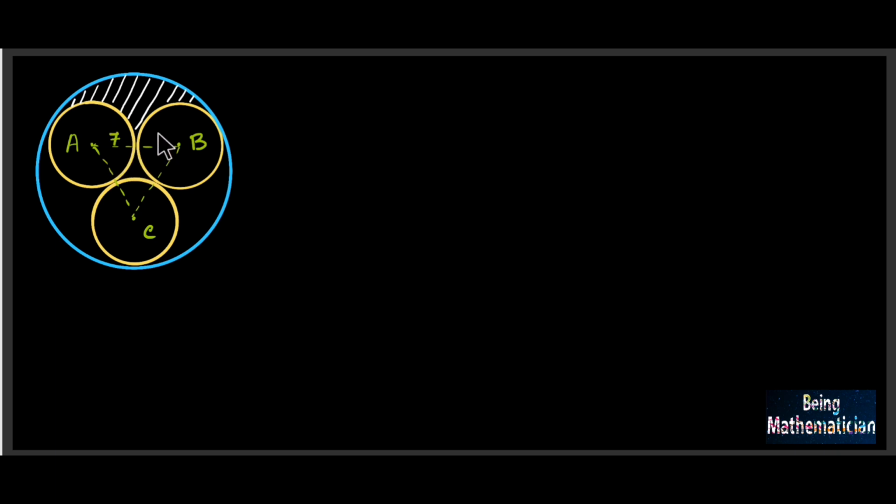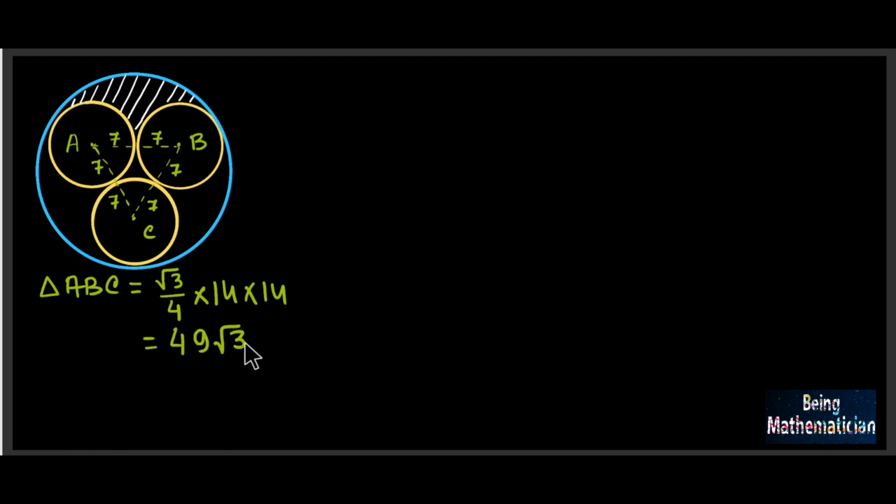So it is 7, 7, 7. So ABC is an equilateral triangle of side 14 centimeters. So triangle ABC is root 3 by 4 into 14 into 14. So it is 49 root 3 centimeter square.